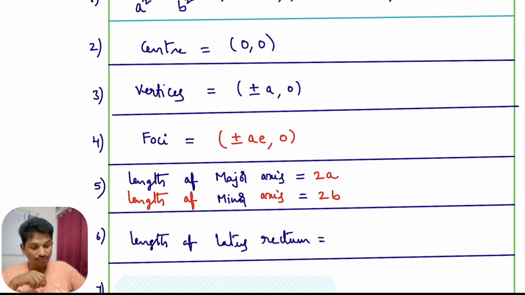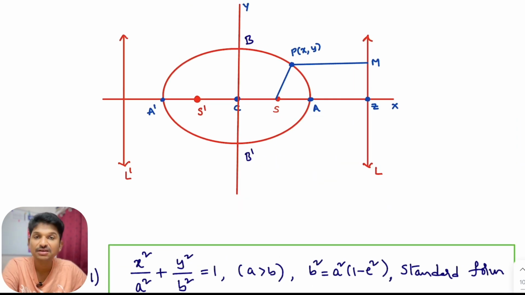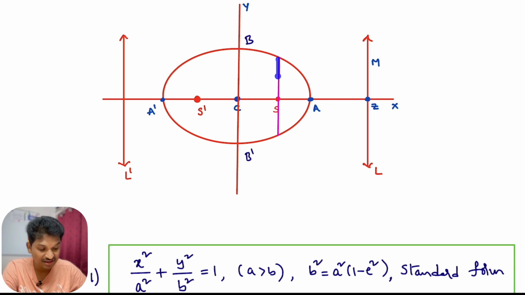Now, the length of latus rectum. First, try to understand what the latus rectum is. You observe here, this is the line segment whose endpoints are on the ellipse, passing through a focus and perpendicular to the major axis. This is the latus rectum. While finding one endpoint of latus rectum, this length is ae, and as this length is ae, this length is also ae.